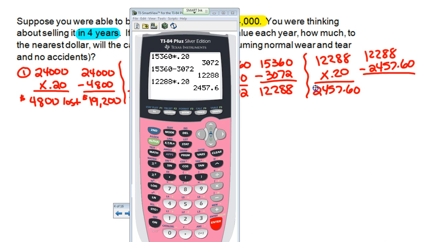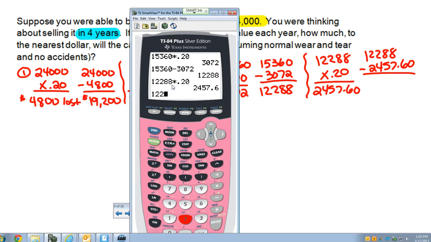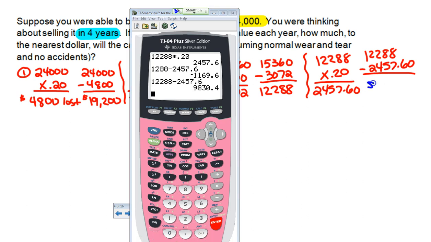And so finally, after 4 years, my car will be worth $9,830.40.